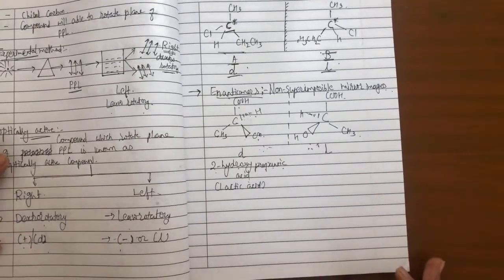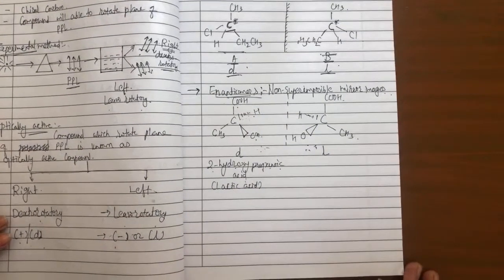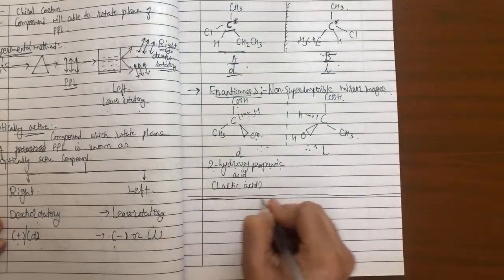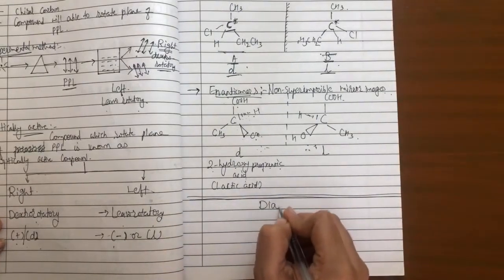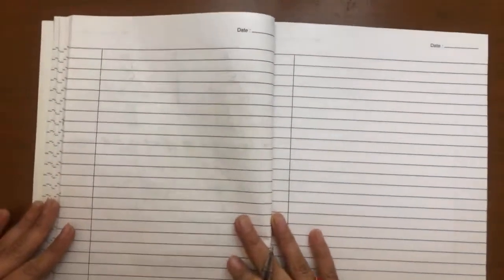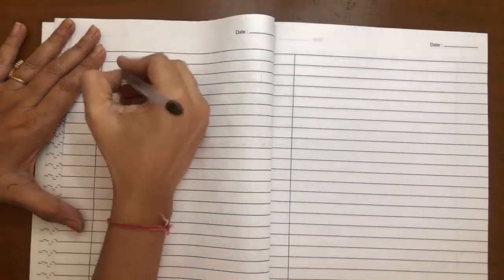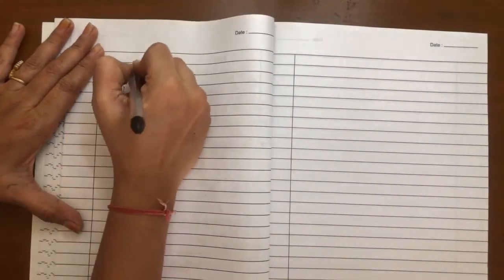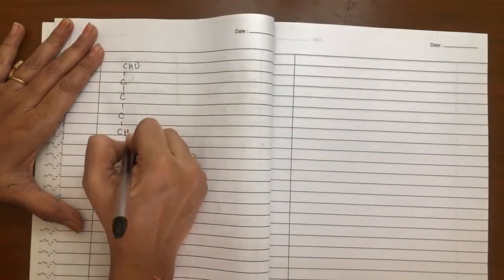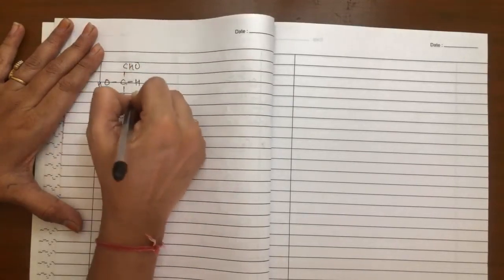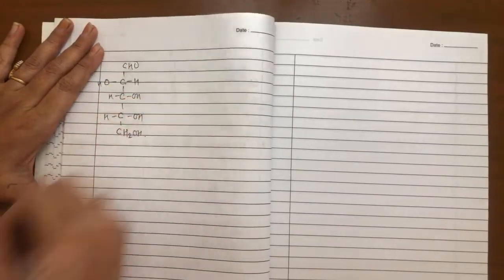One another type of isomerism, under optical isomerism we have to study, is diastereomers. One, two, three, 4, 5 carbons I have. Here I have CHO, here I have CH2OH, H, OH, H, OH, H, OH.